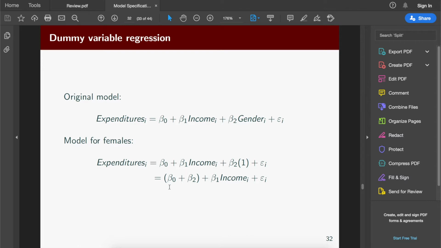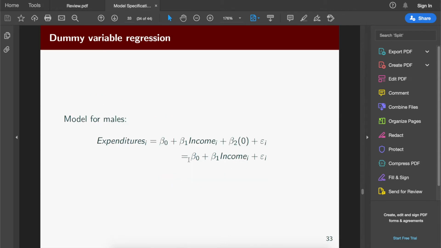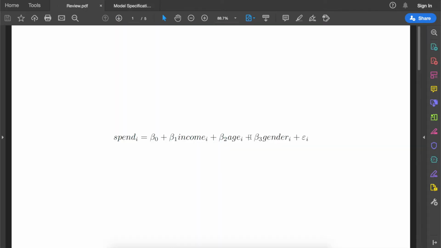And that shift is the intercept for females, again, is beta naught plus beta 2, and for males, it's just beta naught. Which means, going back to our model, that beta 2, or in this case, slight notation difference here, beta 3, is going to be the difference between the genders in SOTA expenditures.